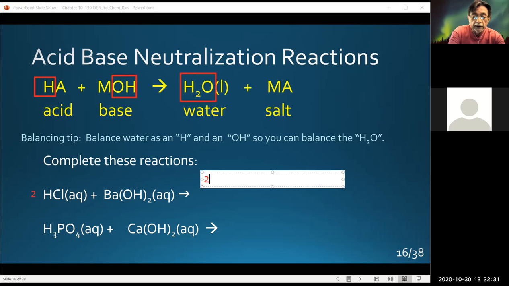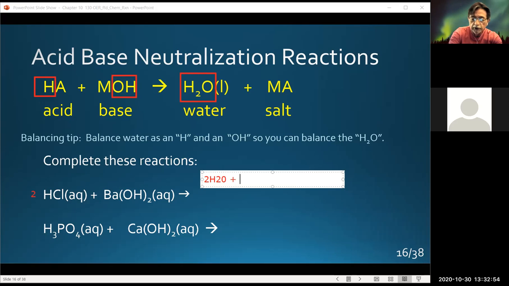And so I got 2 H2Os. I can very quickly write that. So what I'm showing you here is how to balance acid-base reactions, and that is you follow the protons and the hydroxides, okay? Now, what you got left is the barium.